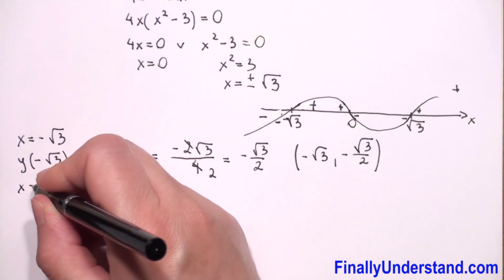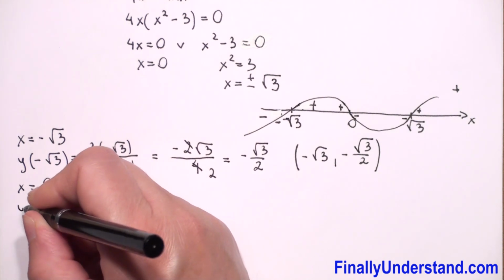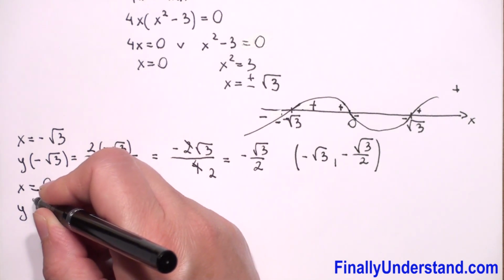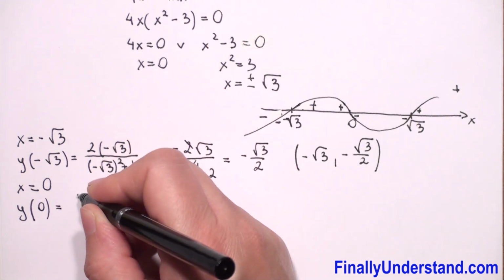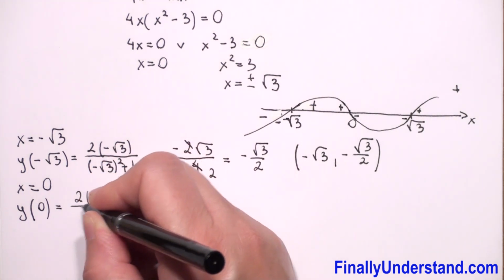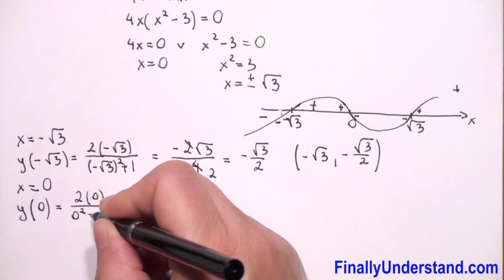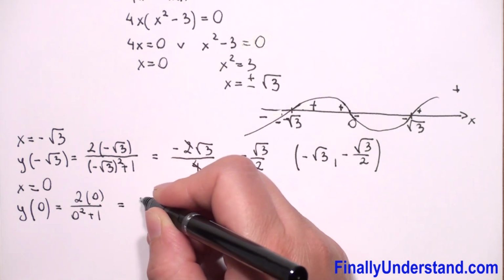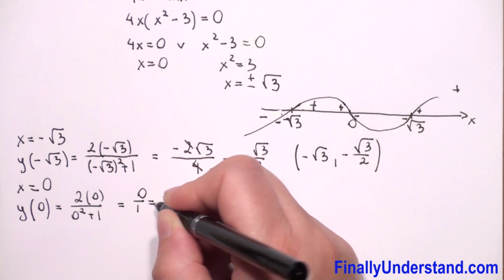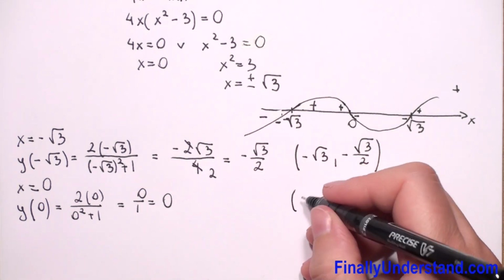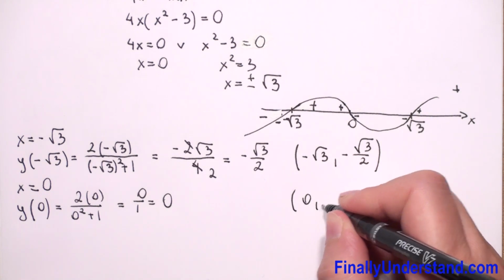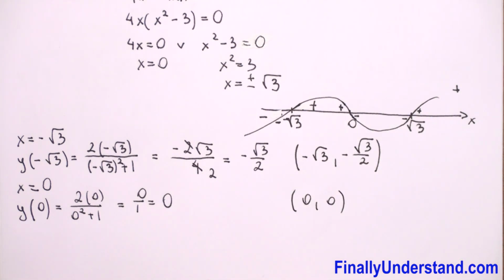So for x equals 0, we have to replace in our formula of our function x's by 0. So this is equal 2 times 0 over 0 to second power plus 1. This is equal 0 over 1, so this is 0. We have second inflection point 0, 0.